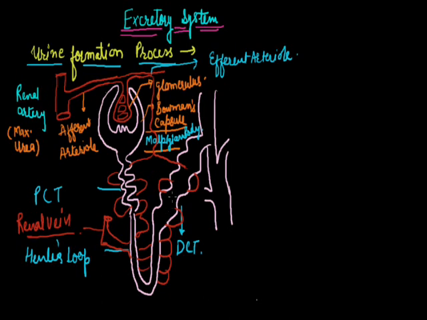So urine is formed here and that is discharged out through the collecting duct. Now the blood gets purified, or excretory waste free, and that blood is collected by the renal vein. That's why this one contains minimum urea.